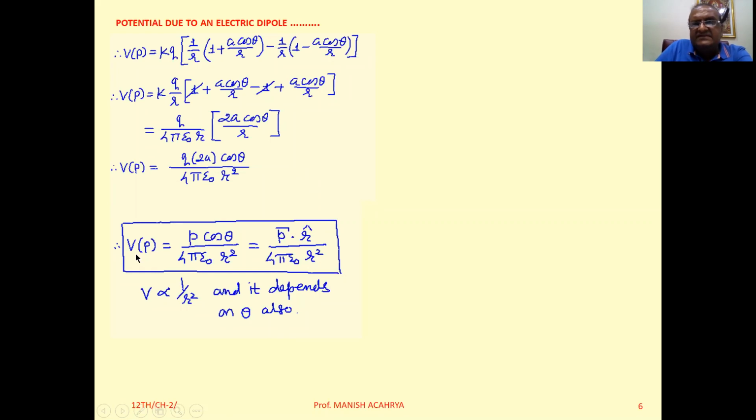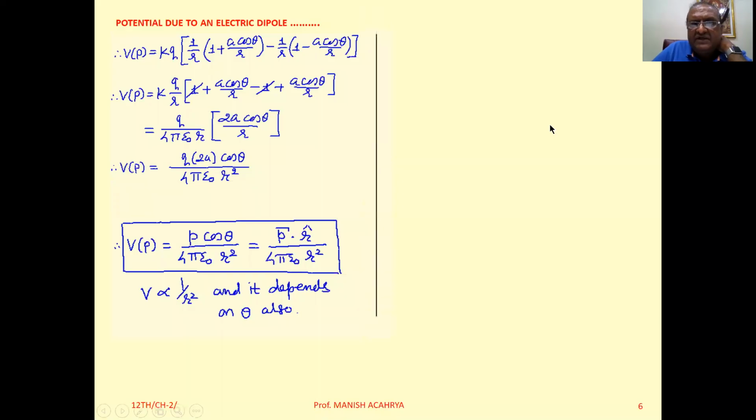Here you can see that the potential of an electric dipole is proportional to 1 upon R square, and it depends on theta also. It implies that it depends on the angle between the dipole moment and the position of the point. Clear to all of you?